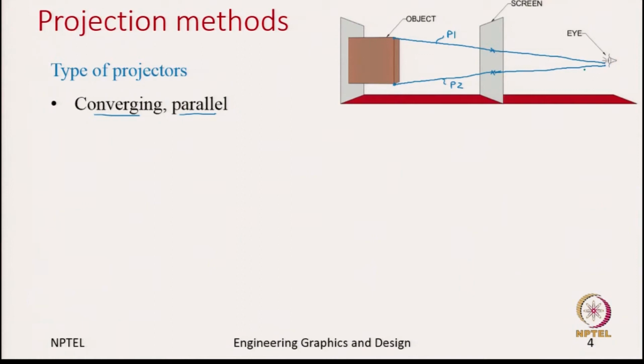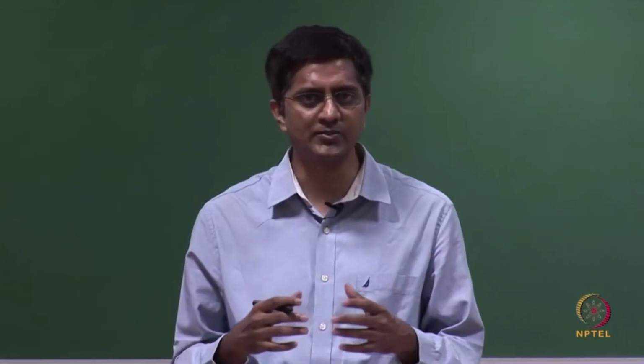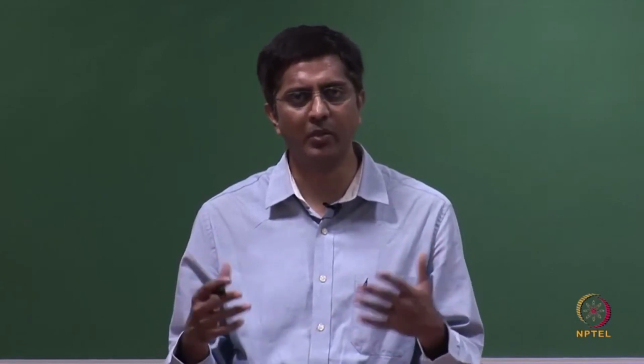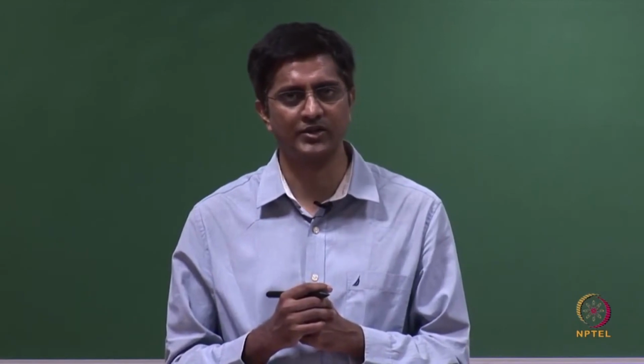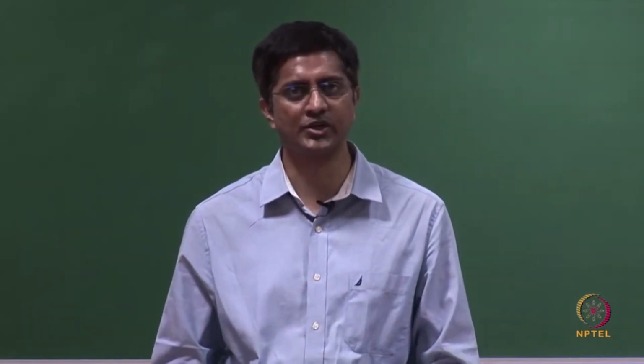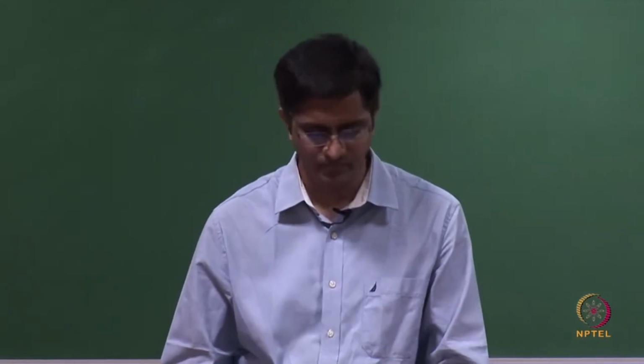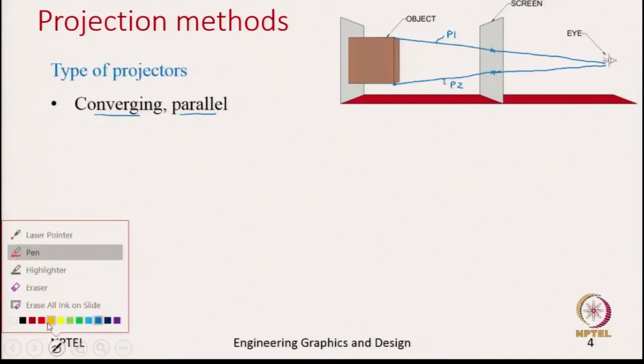Now, let us assume that the observer is watching the object from a very far distance. In mathematical terms, let us say he is looking from infinity, but in real terms let us say that he is looking from a far off distance. Then how do these projector lines look? Let me use a different color.